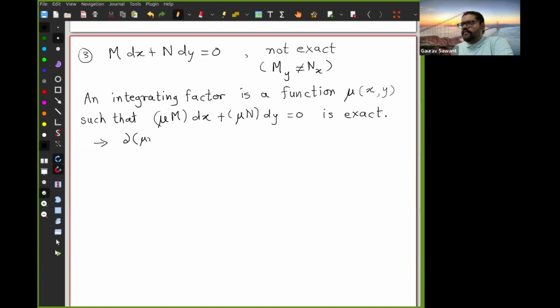So del (mu M) over del y needs to be equal to del (mu N) over del x. Okay, and we can simplify this further to obtain 1 over mu.